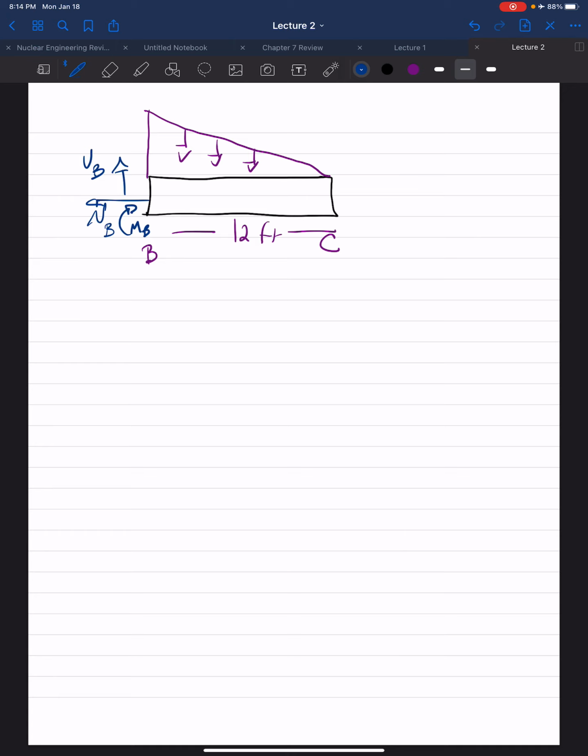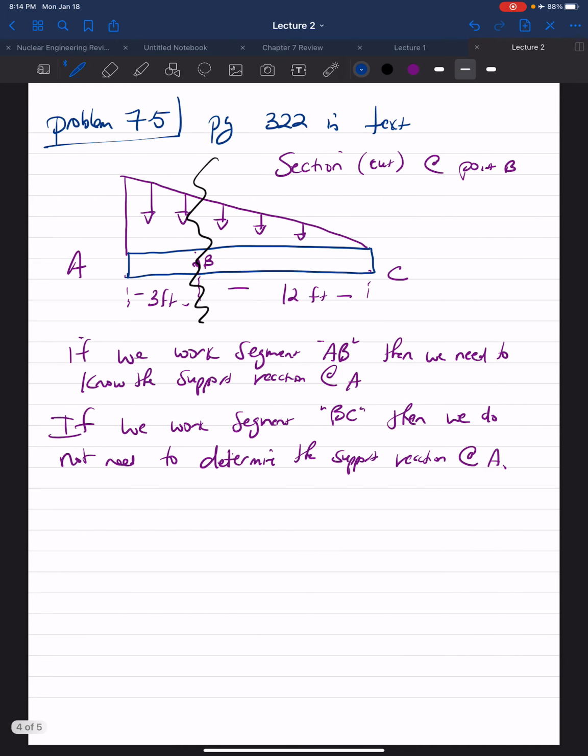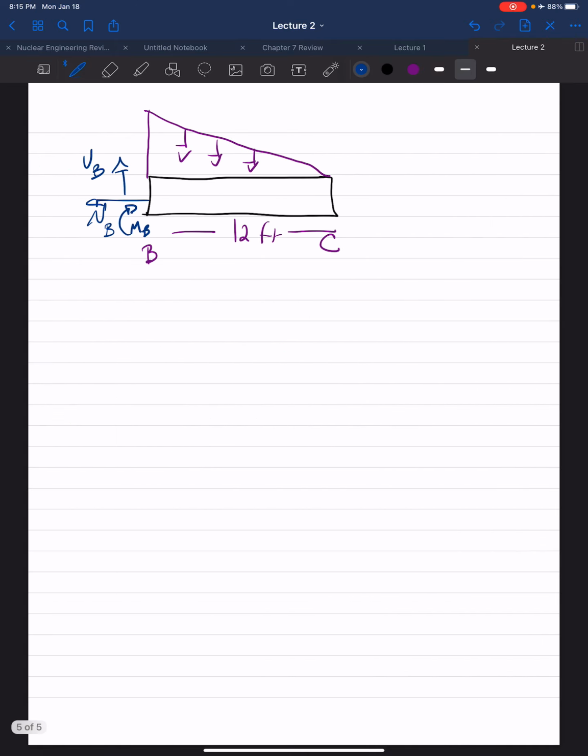Now, initially, the intensity of the distributed loading was 60 pound force per foot. So now with a different length, we have to figure out our new intensity. So initially it was 60 pound force per foot for the triangle of base length 15 feet. What is our new loading for the triangle of 12 feet?